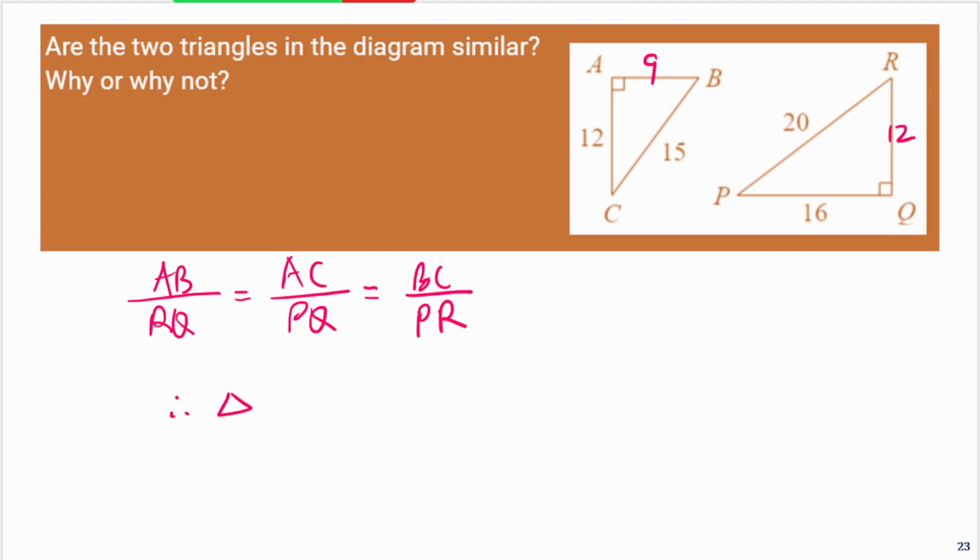Therefore, we can prove triangle ABC is similar to triangle QRP by SSS similarity, right? So this tells us that in a pair of right triangles, by using HL, you can also prove that these two right triangles are similar. Okay, clear?